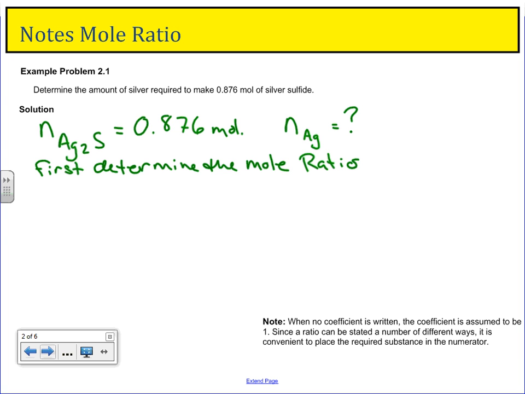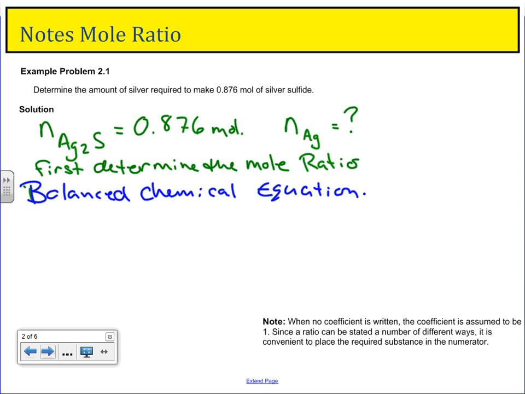To do that, we need a balanced chemical equation. Let me write that out in a different color here. A balanced chemical equation. It says here, determine the amount of silver required to make so much silver sulfide.